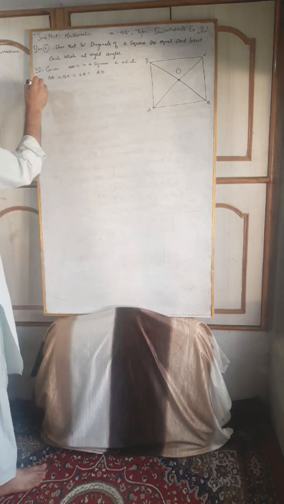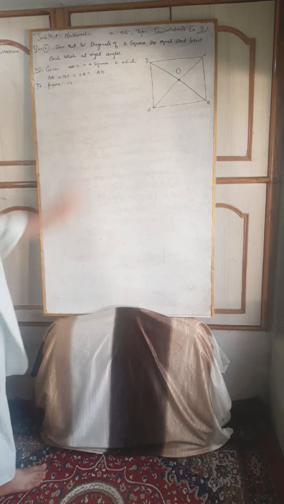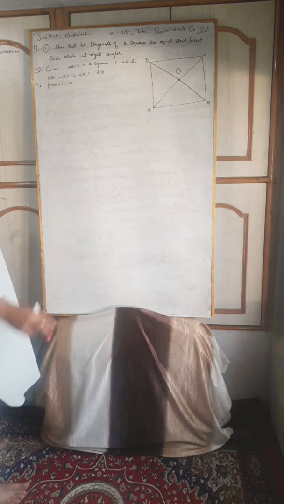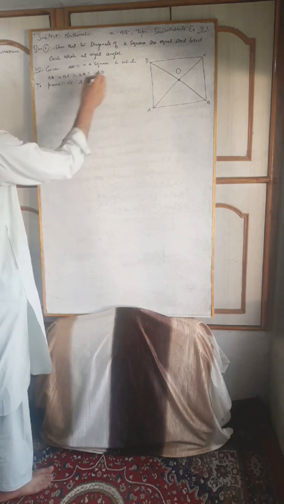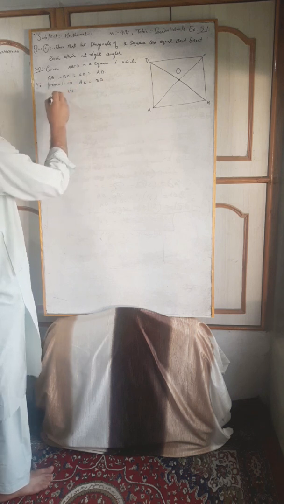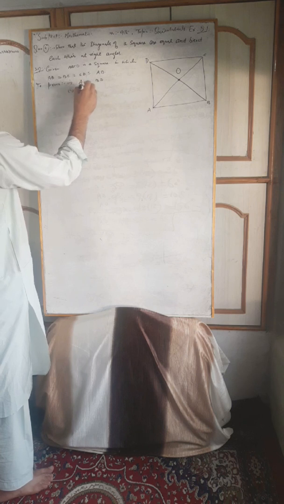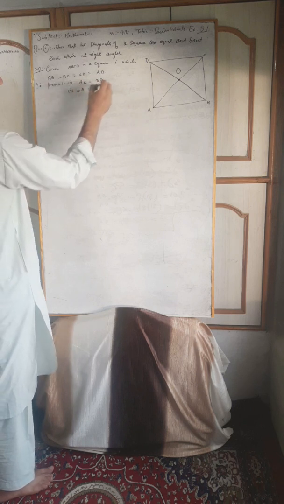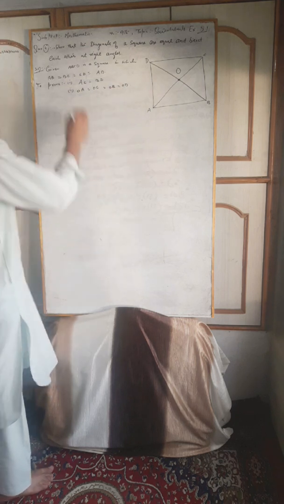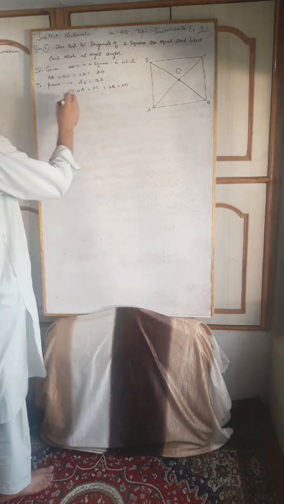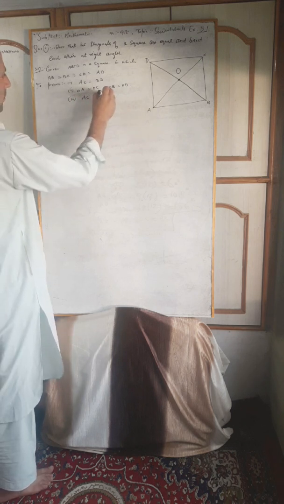To prove: firstly, we have to show that the diagonals of a square are equal, that means AC is equal to BD. The second part, that they bisect each other, that means OA is equal to OC and OB is equal to OD. The third part is we have to prove that AC is perpendicular to BD.